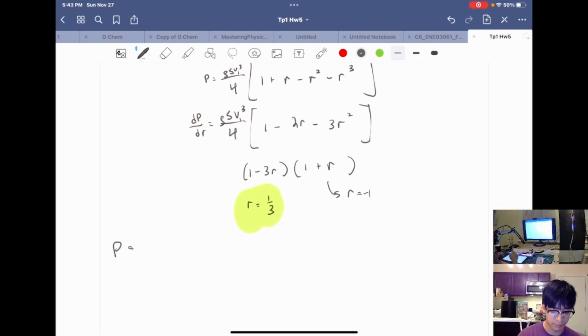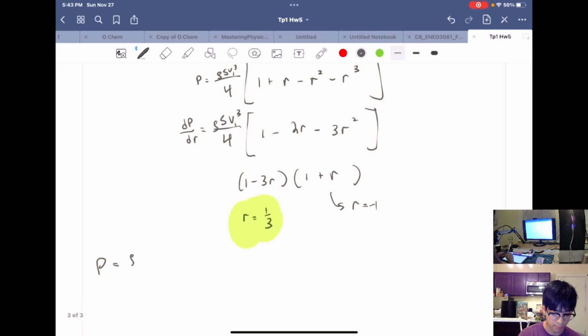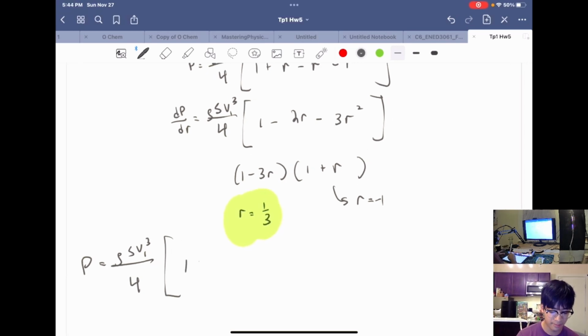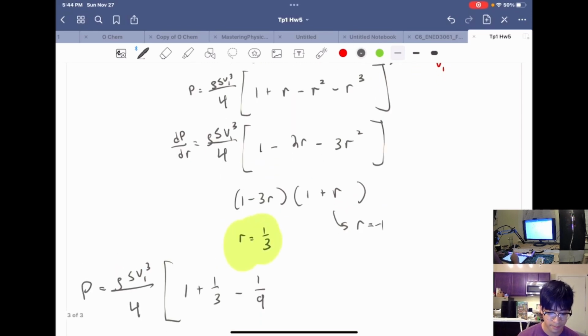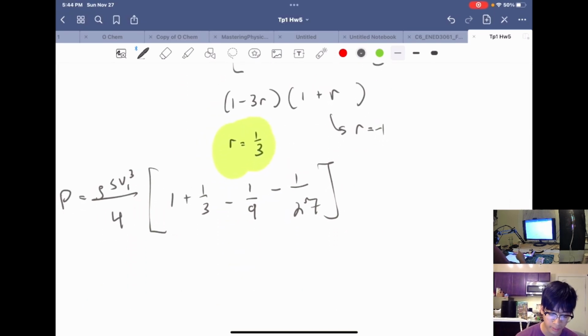Power is equal to rho s v1 cubed over 4. So this is really testing my powers of algebra here. 1 plus 1/3 minus 1 over 9, minus 1 over 27. So fraction jazz going on. The common denominator is 27.